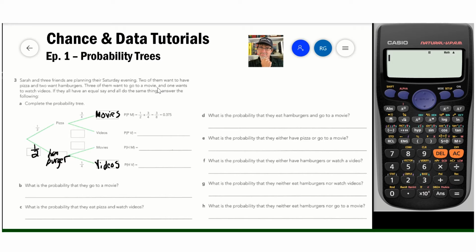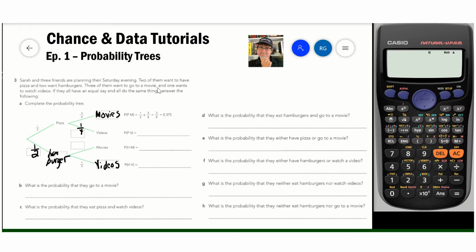So within movies and videos, if you have pizza, these 2 fractions must add up to 1. So if there's 3/4 probability of movies when you eat pizza, then the remaining probability must be 1/4 right here for videos, because 3/4 and 1/4 is 1.